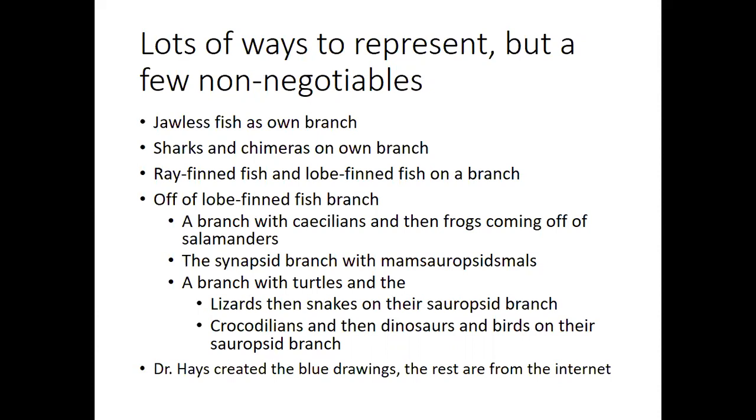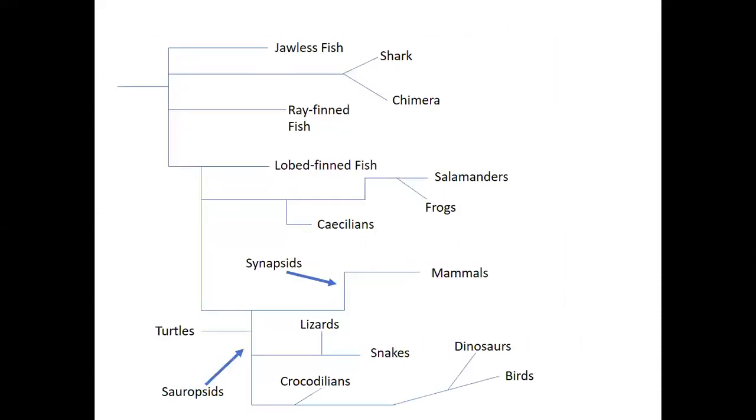I'm not really sure what happened there. And then a branch with the turtles and the sauropsids. Sorry, that sauropsids is apparently the meal of mammals up there. And then lizards and snakes will be off of the sauropsid branch, and then crocodilians, dinosaurs, and birds on another sauropsid branch.